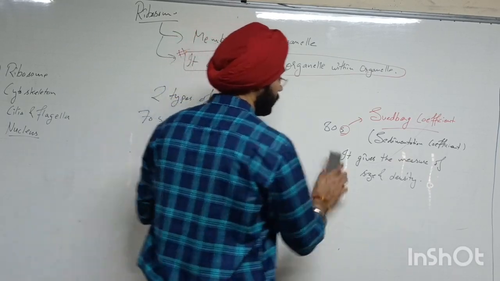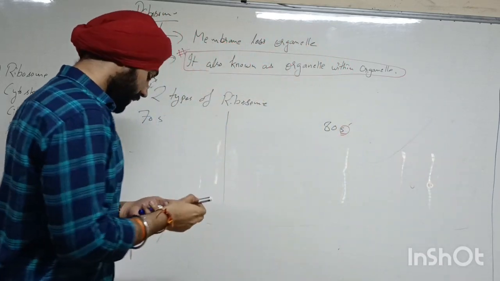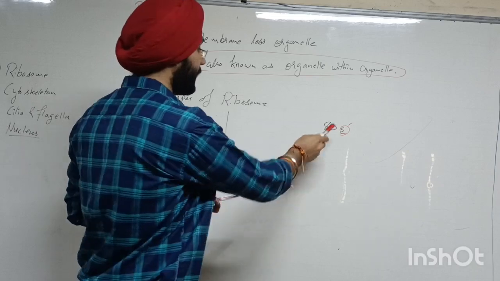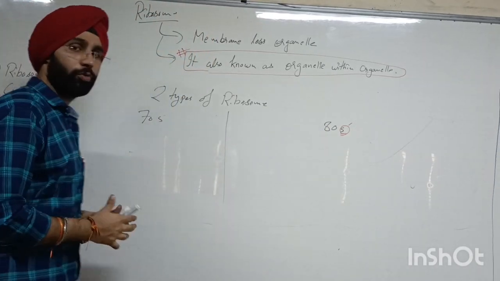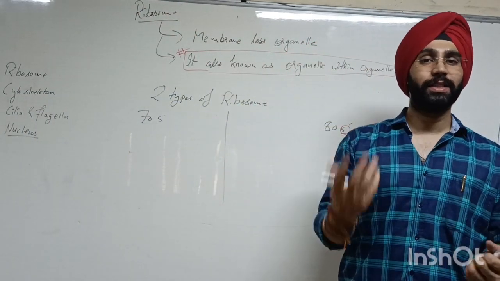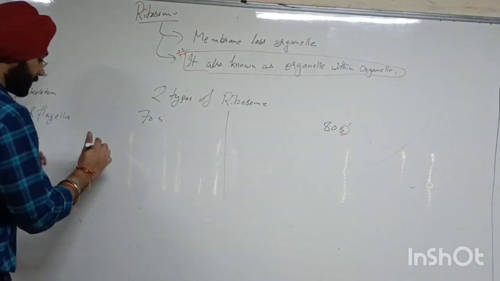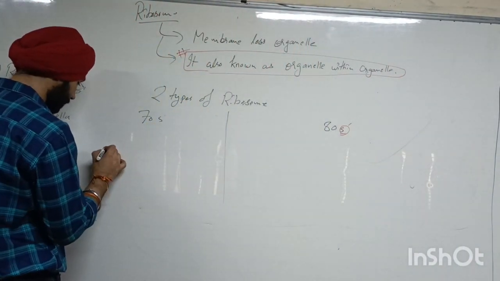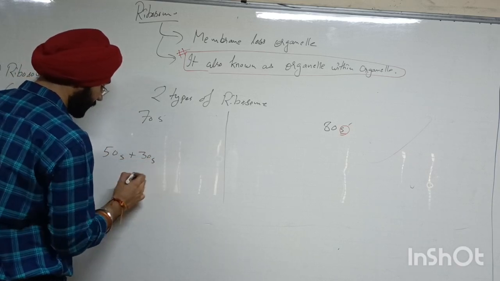Okay, so let me run this thing again. As you can see, the 80S ribosome is made up of two units, as well as the 70S ribosome is also made up of two subunits. One subunit is bigger than the other. So 70S is made up of 50S plus 30S.